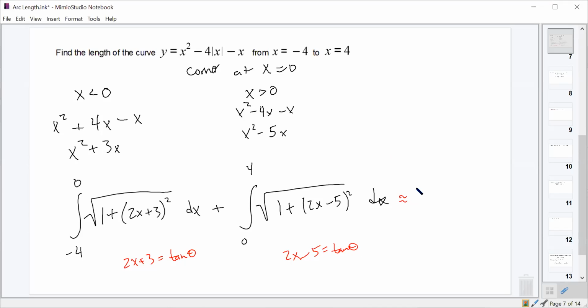And what does that come out to be approximately if we do the whole thing in our calculators there? 19.556. Yeah, sounds good to me.